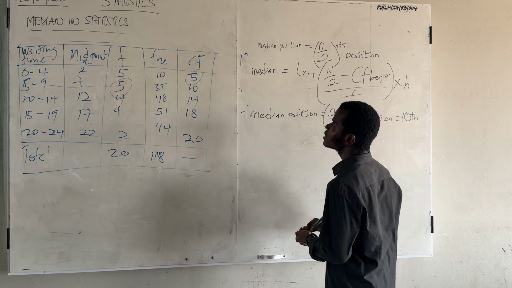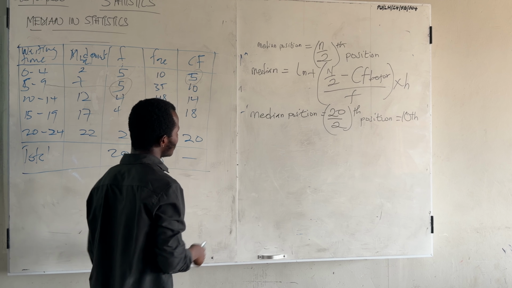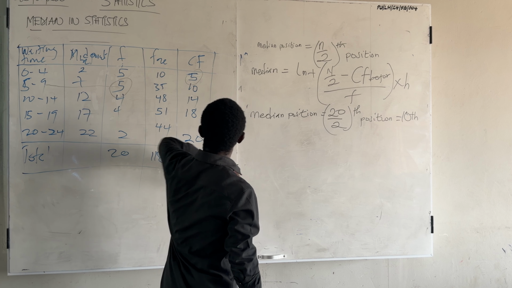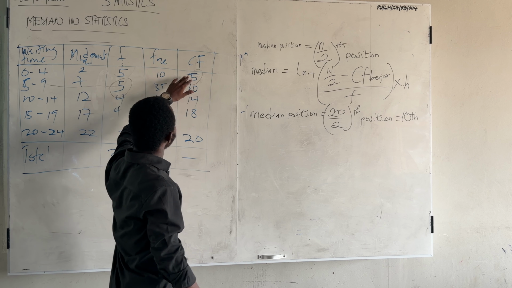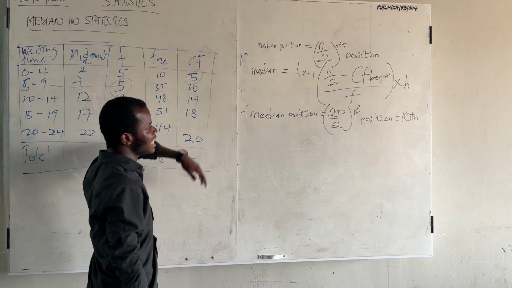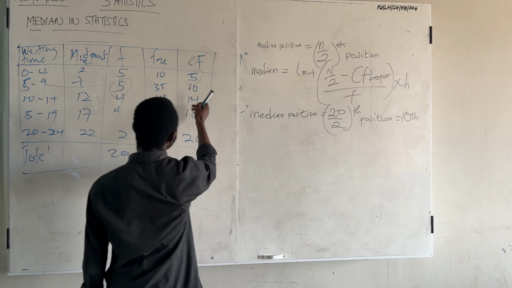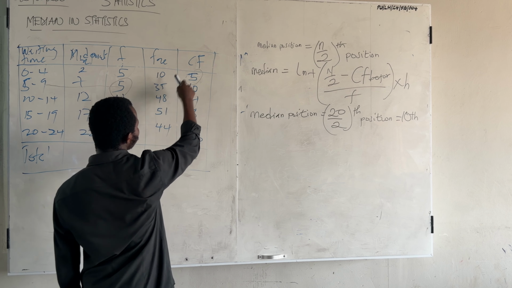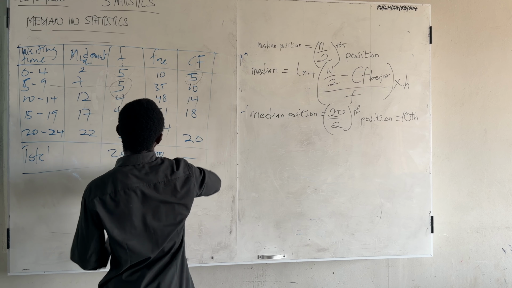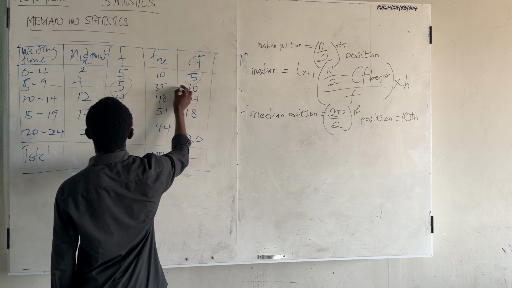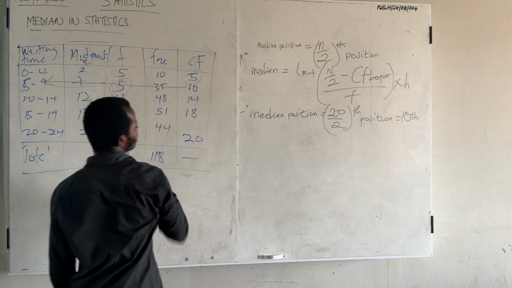So when you get a 10th position, you come to the cumulative frequency and check where the 10th position falls on the cumulative frequency. The first cumulative frequency is 5, which is less than our position. And our position is 10, which is within or equal to the 10 on the cumulative frequency. So you trace from there to find the median class, which is 5 to 9.